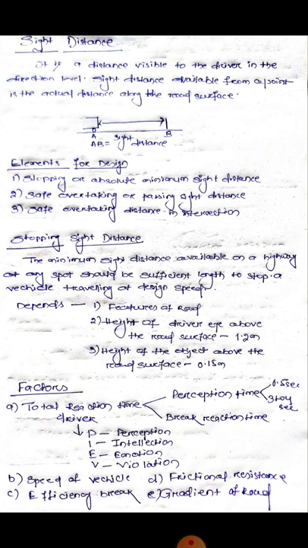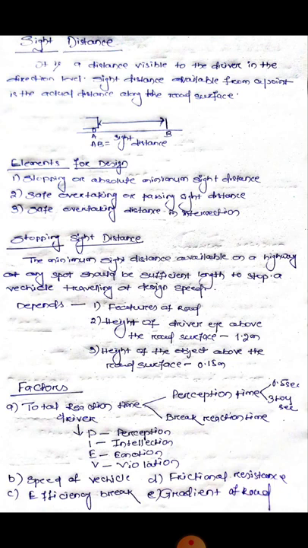Then sight distance, which is a very important point for highway design. The definition of sight distance is the distance visible to the driver in the direction of travel. Sight distance available from a point is the actual distance along the road surface.